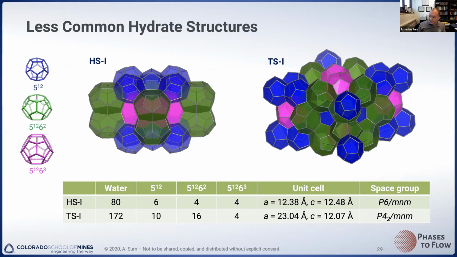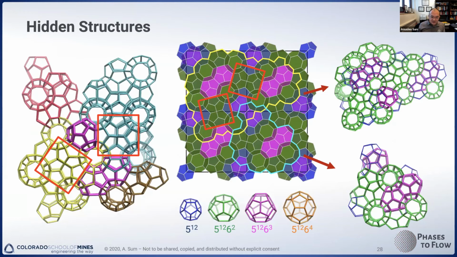Now, if we had not spent the time to really look at the arrangement of those cages, we would have never found this. It arises because of this misalignment of two unit cells of structure one that generate these 5^12 6^3 cages.